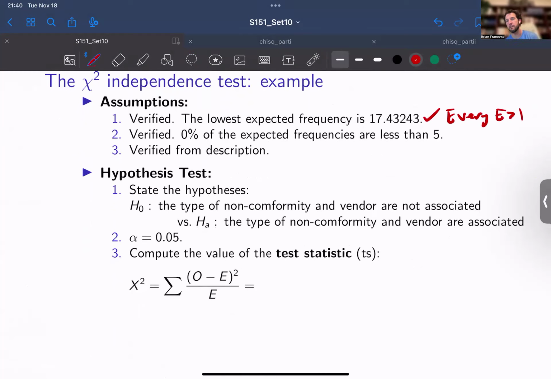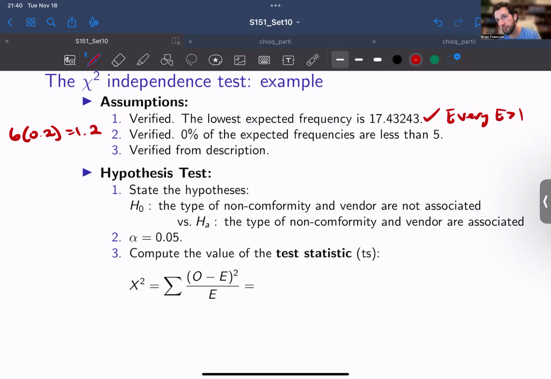Okay, our second assumption is that no more than 20% of the entries are less than 5. So again, we have 6 entries in the table because we have 2 times 3 combinations. 6 times 0.2 is 1.2. So what we are asking is, are no more than 1.2 of the expected frequencies less than 5? So if we had 1 expected count less than 5, that would be okay.